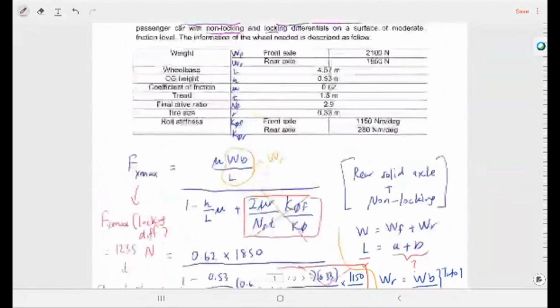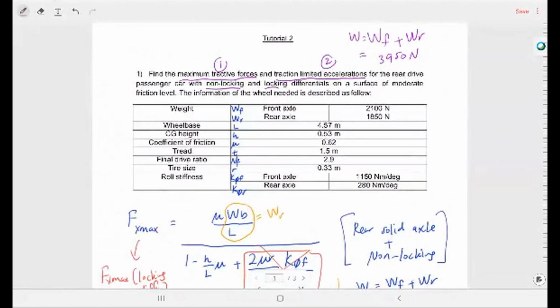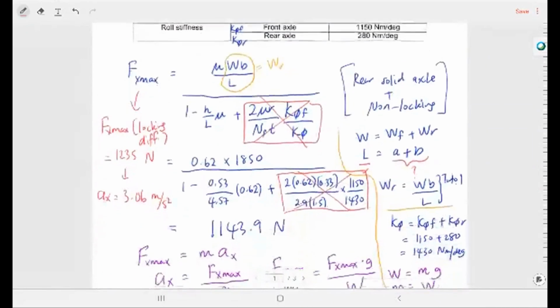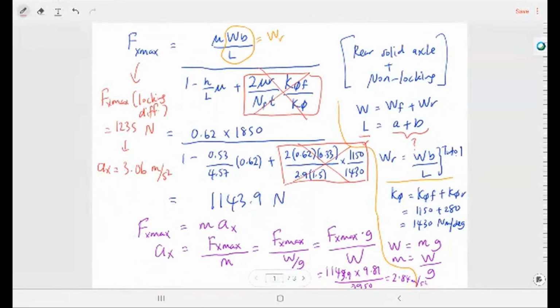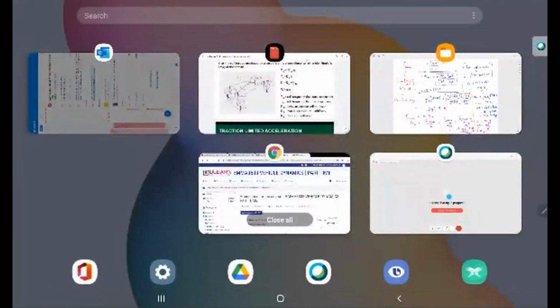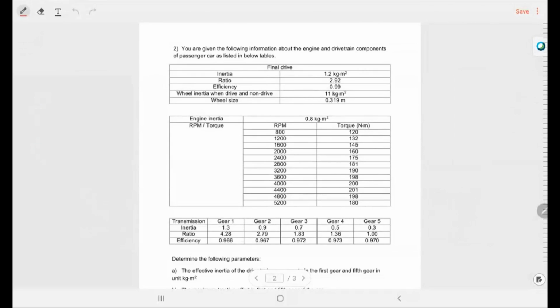Question number 1. You are given the following information about engine and drivetrain components of a vehicle as listed below.